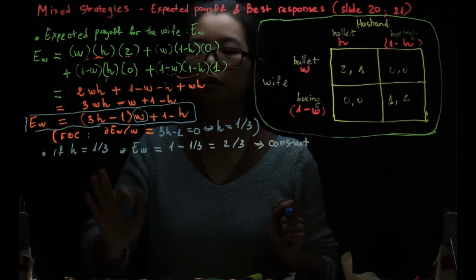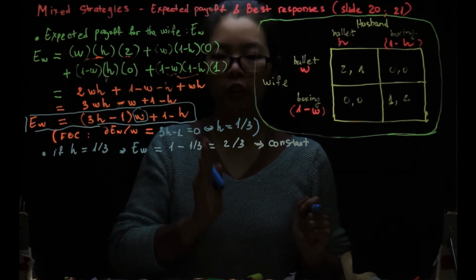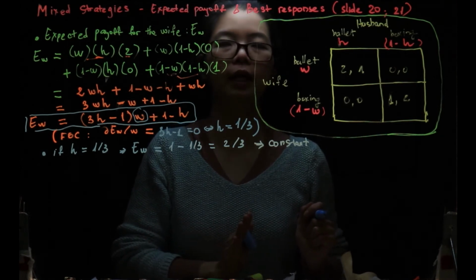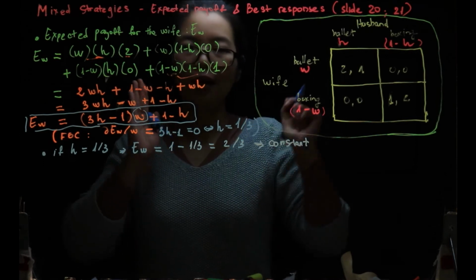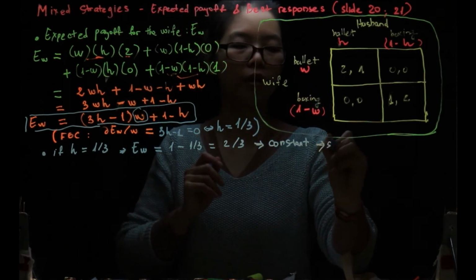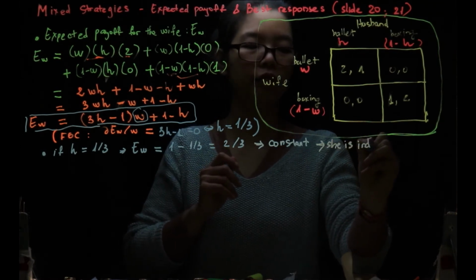It doesn't depend on which probability she chose for her own activity, right? And in that case, we say the wife is indifferent.